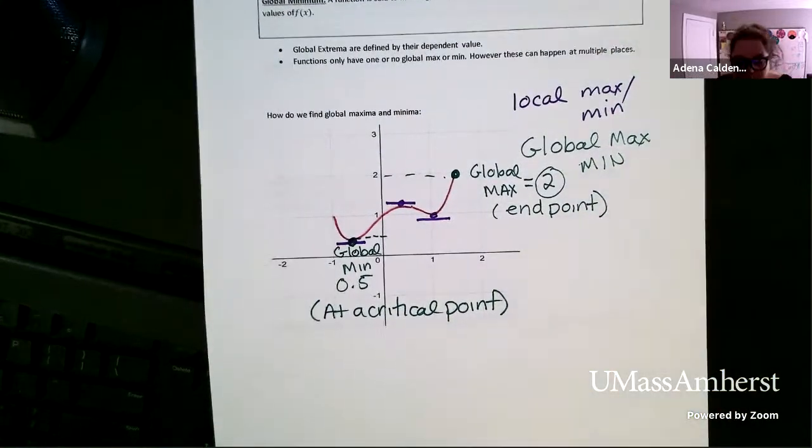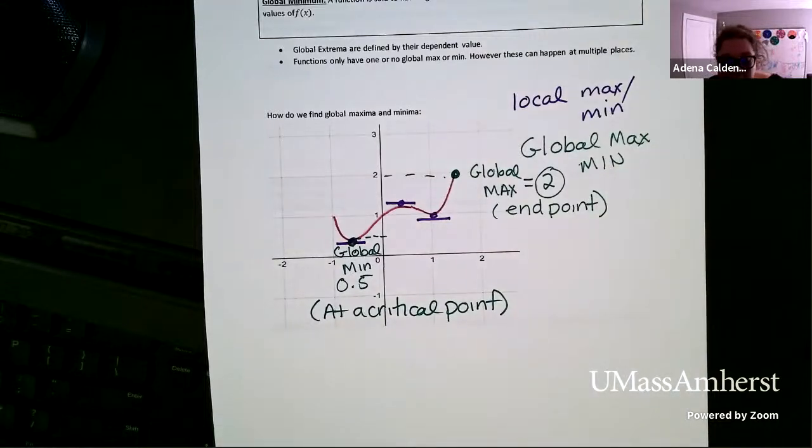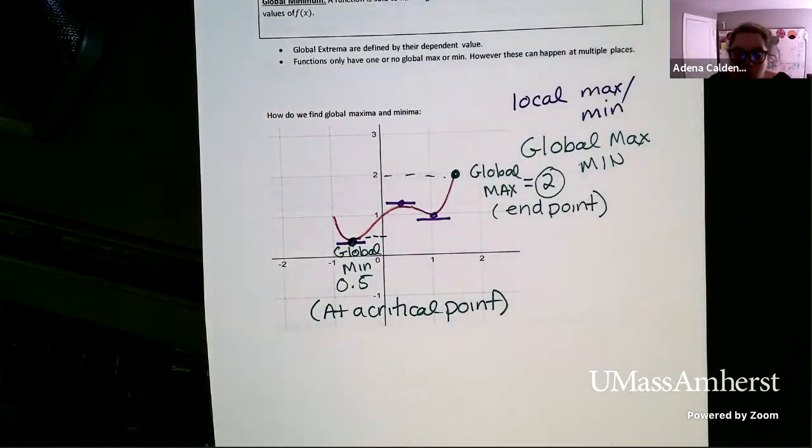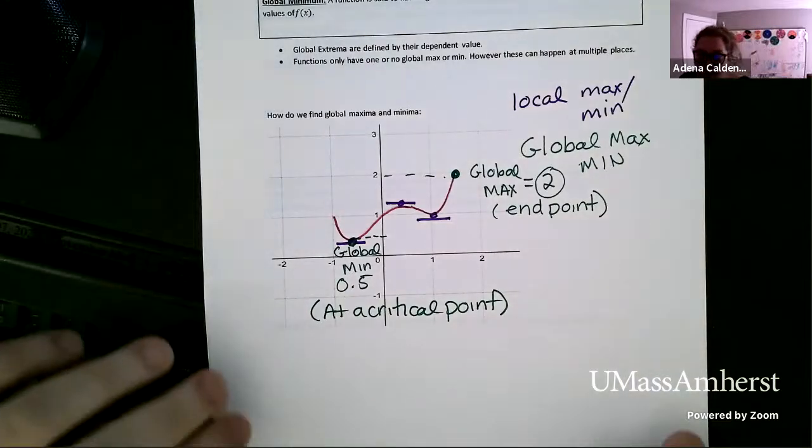It turns out that when you are looking for global maximums and global minimums, these are the two places we need to check. We need to check what's happening at end points, and we need to look at what's happening at critical points. Those are the two places where we can have global maximums and global minimums, okay?